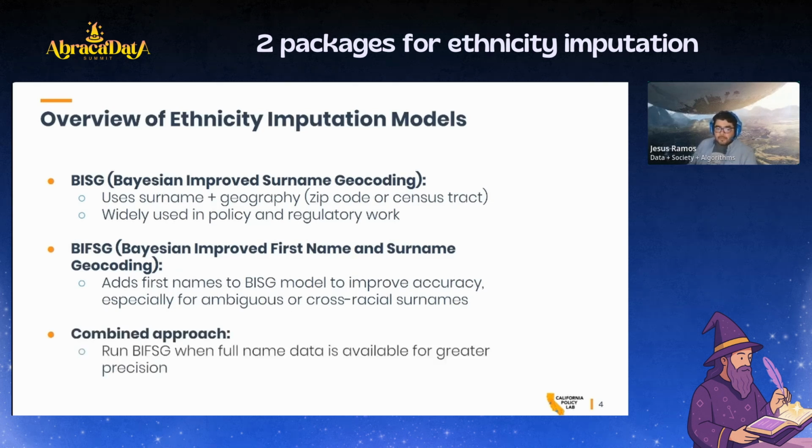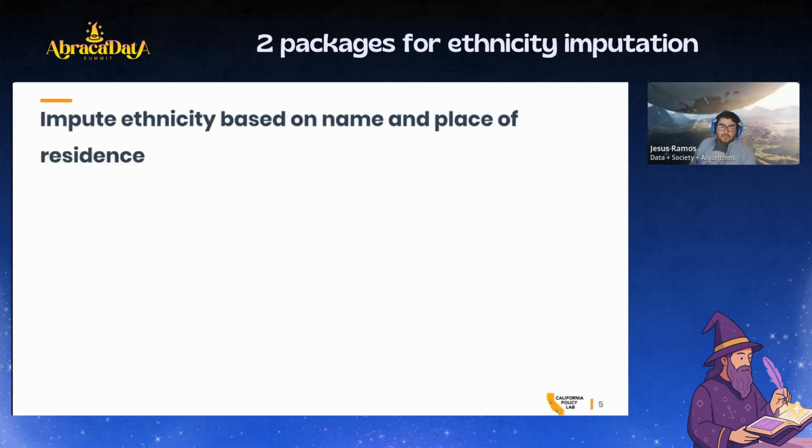And then you have the combined approach. BISG gives you coverage but less accuracy, and BIFSG gives you more accuracy but less coverage. So what you do is you run BIFSG first, and then the null ethnicities that you end up having, you impute them with BISG.